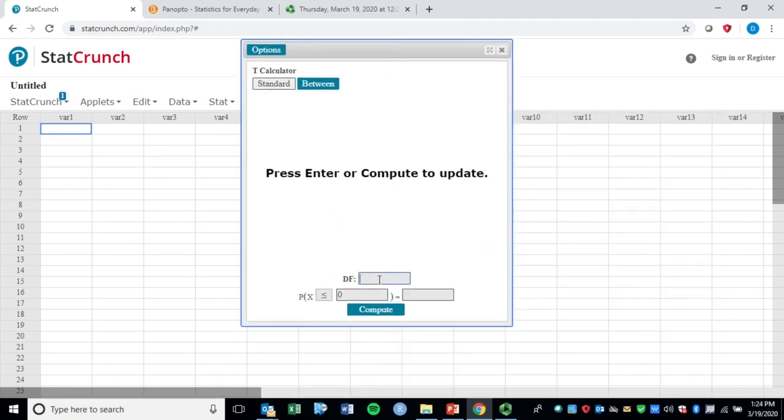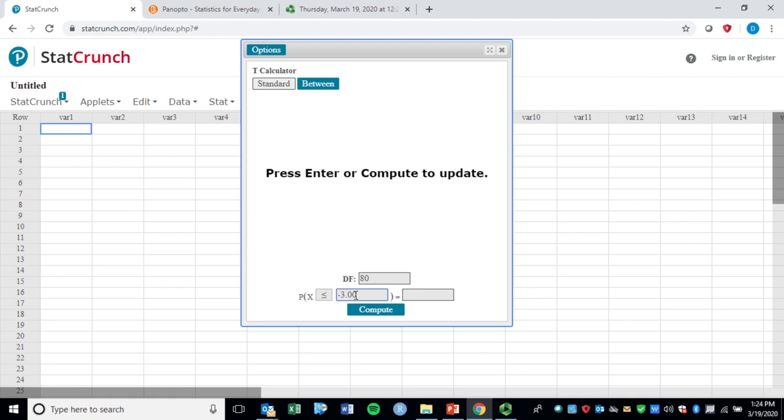What we want to do is put our degrees of freedom in. Now be careful, don't put n, put in degrees of freedom of 80. And left tail test, so make sure that you got the correct sign. And then in this box right here, you're going to put your test statistic. And I would put it to 2 decimal places. Now, we don't have to here because we have 0, 0, right?